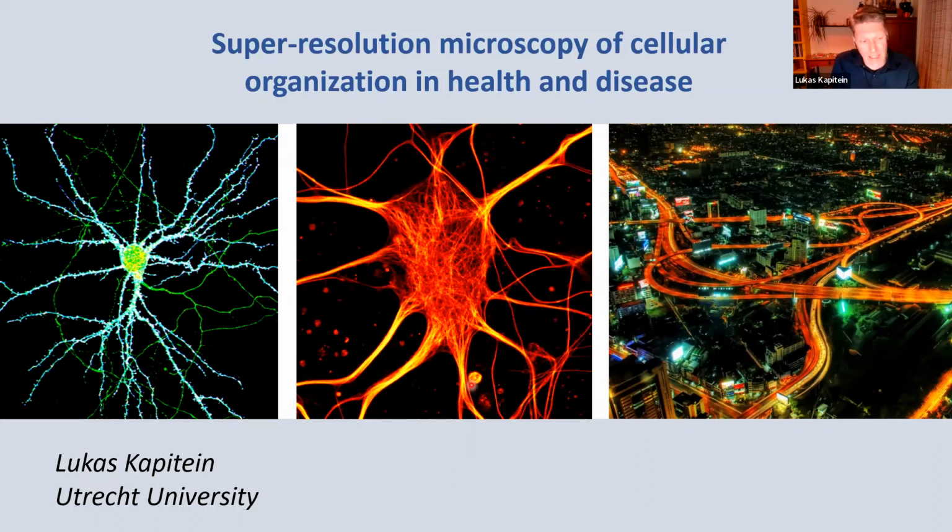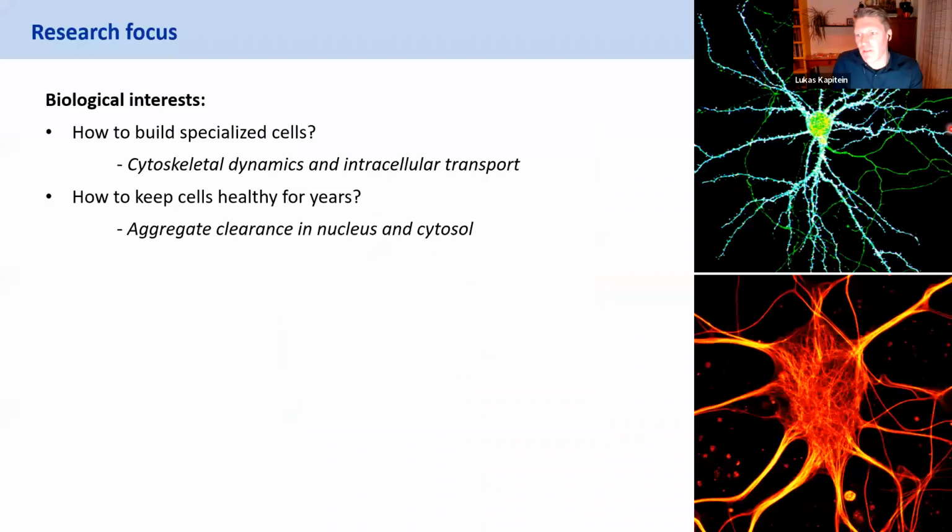So my lab has a long-standing interest in understanding the mechanisms by which cells establish their shape and intracellular organization. And we mostly focus on neurons because arguably these are the most beautiful and most complex cells in our body.